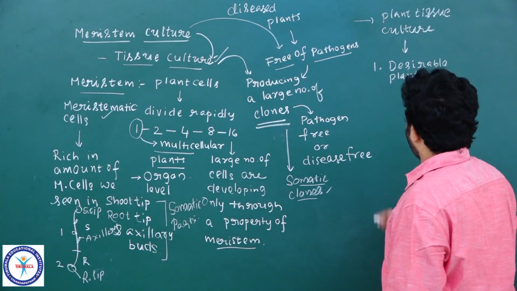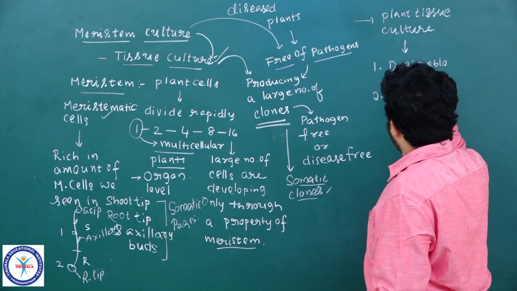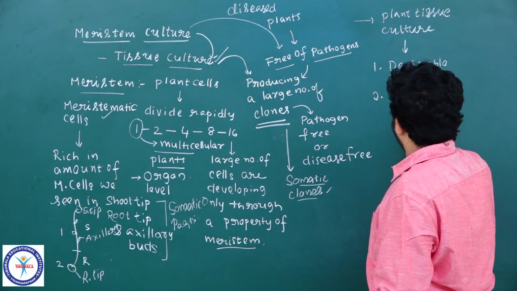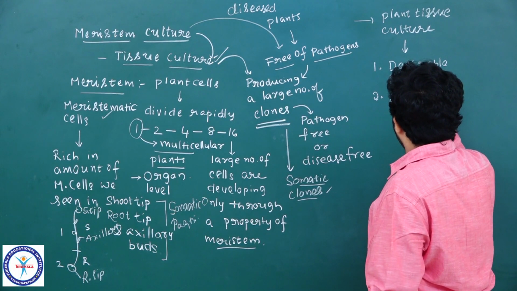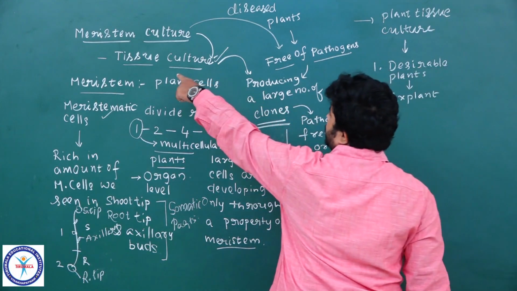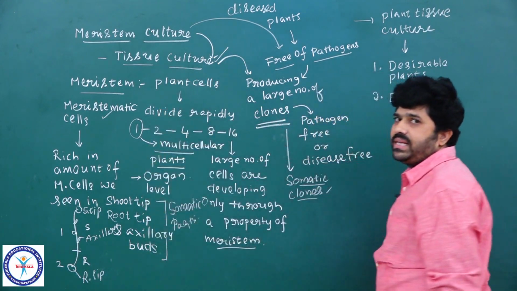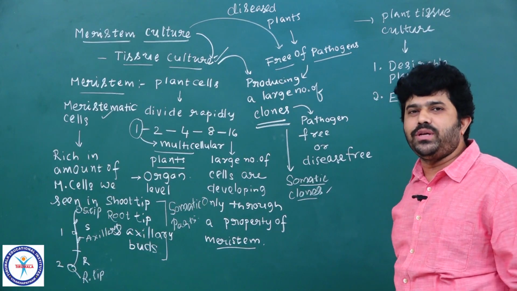Understood? Desirable plant. The second step is that from the desirable plant we collect an explant. In normal tissue culture, the explant can be any part of the plant which has the ability to divide.